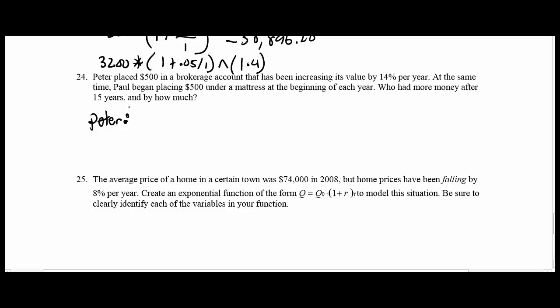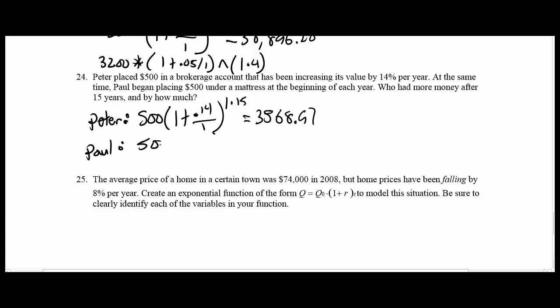Now Peter just stuck money in an account and just let it sit there. So that's going to be 500 times 1 plus 0.14 over 1 times 15 for the exponent, and we should get 3,568.97.